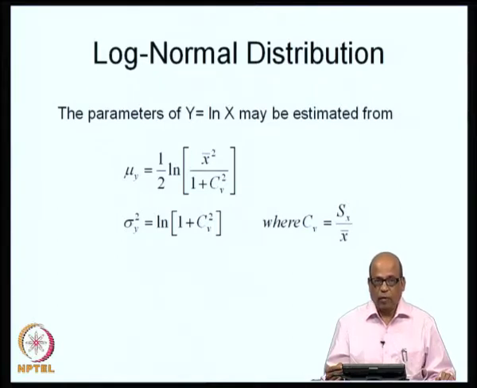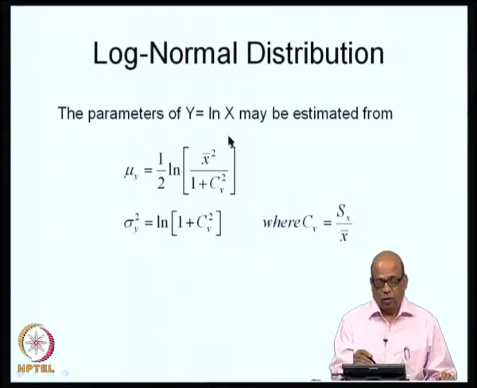From the stream flow sample, you can estimate x bar and the standard deviation S x, and if x follows a log normal distribution, then y is equal to ln x follows a normal distribution, and the parameters of y are given by mu y is equal to this and sigma y square is equal to this. So, from the sample you would have estimated x bar as well as S x, and therefore, you know C v, and using this you can get mu y and sigma y square.